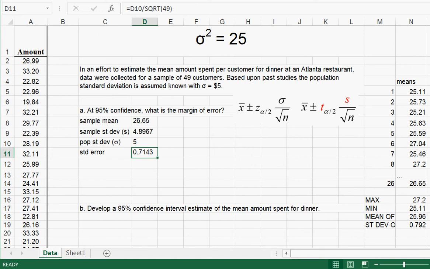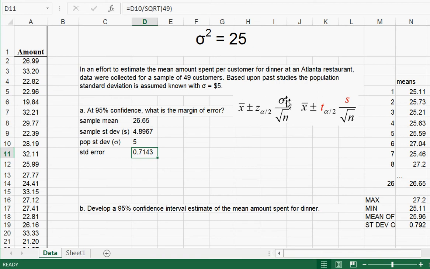What was the other name for the standard error that we talked about? What's the other name for standard error? This right here is a standard error, right? That right there is a standard deviation of x. This whole thing is a standard deviation of what? X bar.